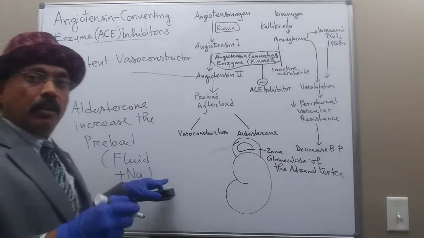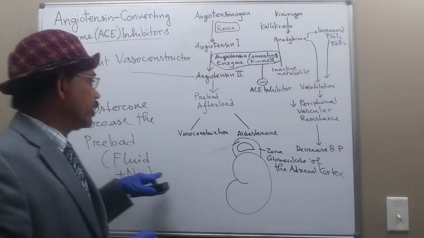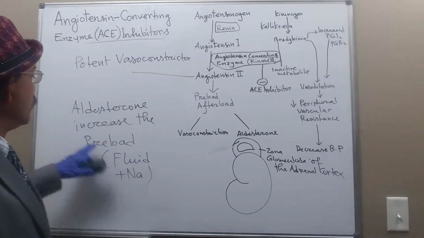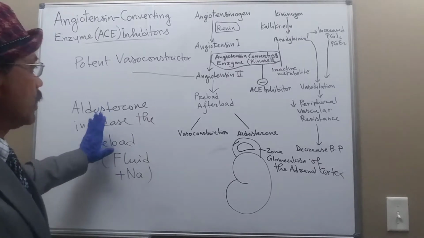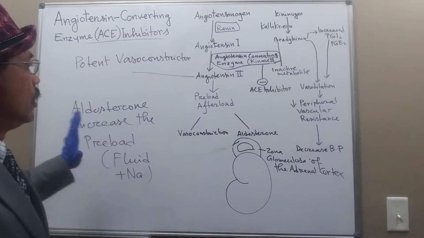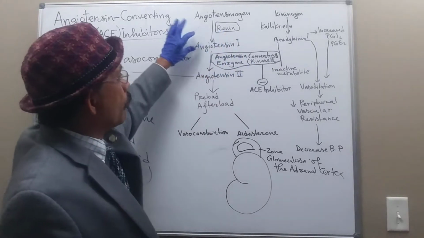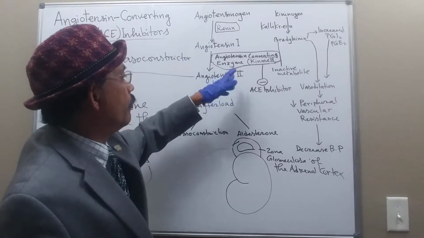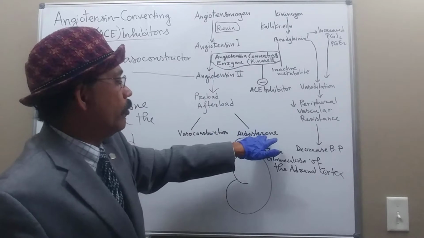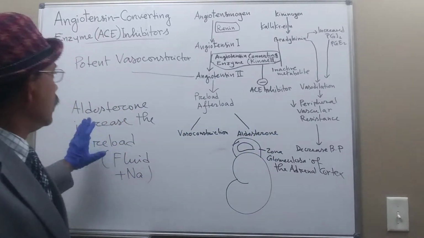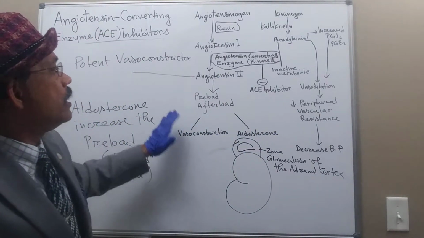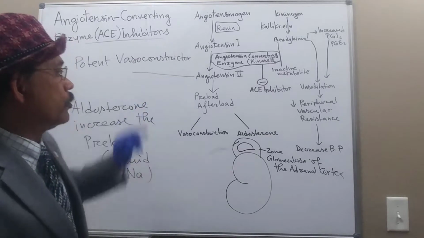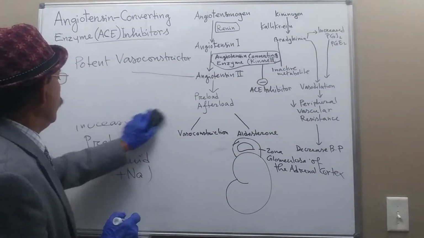Rather, there will be some potassium retention in the body. So we can cut the preload by blocking this conversion, and there will be a decrease in the preload.